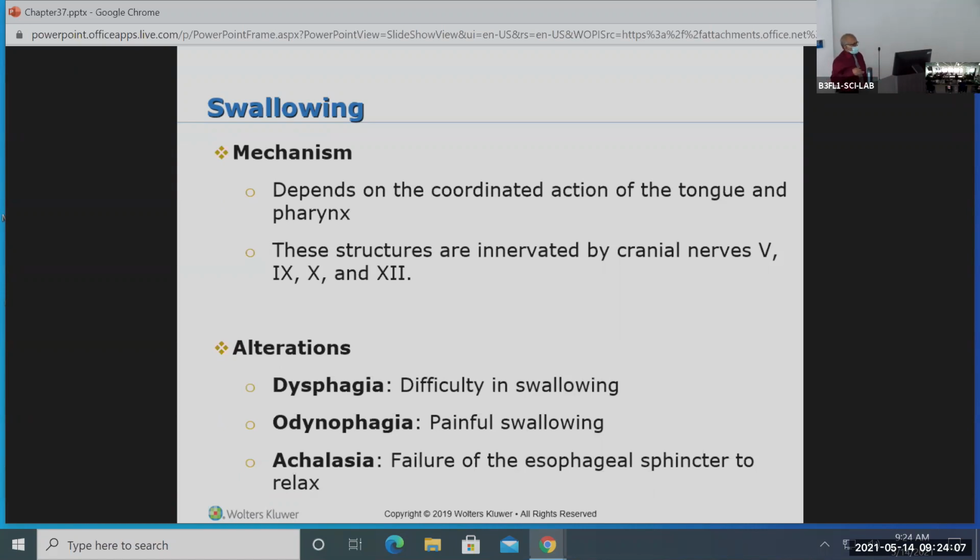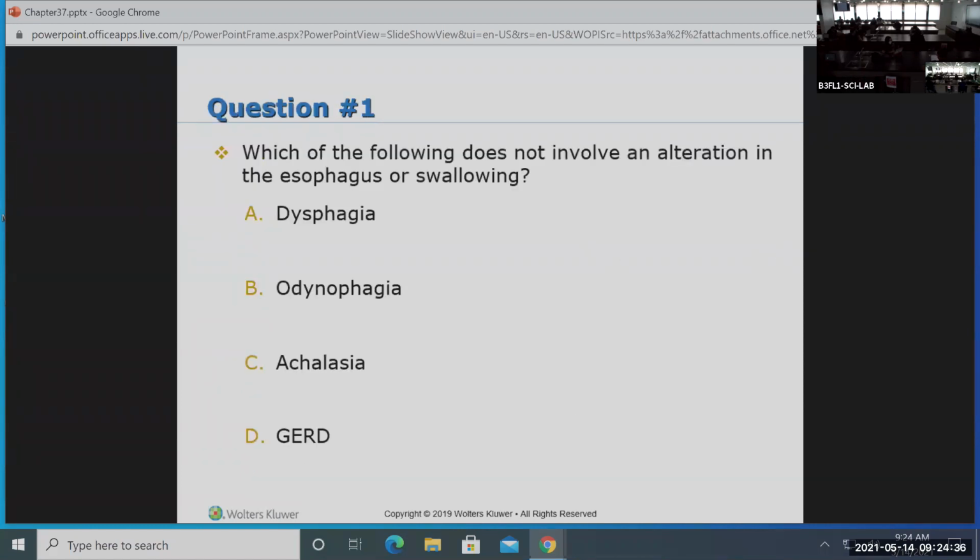The patient complains of painful swallowing. That is called odynophagia. Patients sometimes complain of failure of the esophageal sphincter to relax, which causes difficulty in the passage of food from the esophagus into the stomach. That's called achalasia. Please remember, all these are bold and are important.